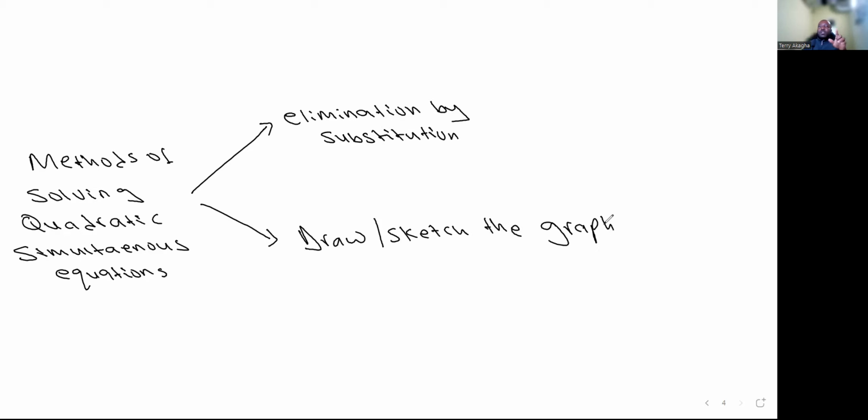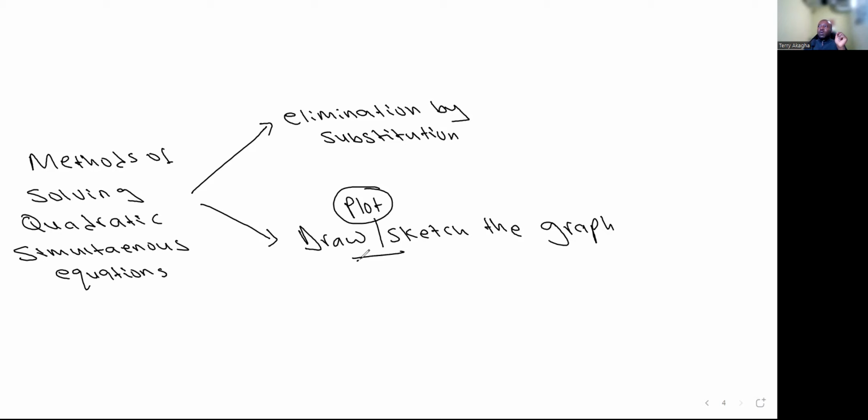So basically, you sketch the line graph and you now sketch the quadratic graph and see if there will be a point of intersection. And like I said before, this will only give an estimate. It will not give the actual point unless you plot it. If you plot it, you will get the exact value.